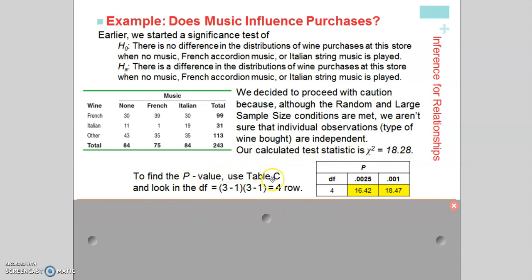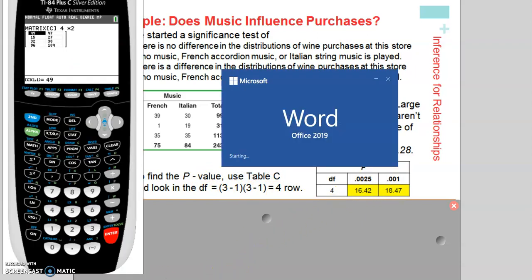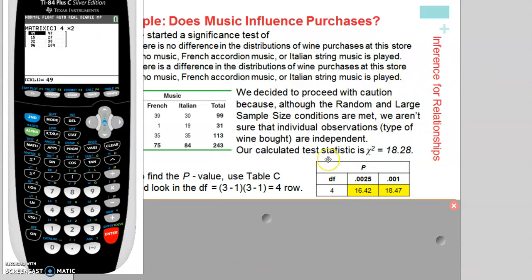If you use table C, you would go to row 4, and you would find that 18.28 is between these 2 values, so our p-value is between these 2 values. Or if you go to your calculator, you would go to distribution, and we would go to a chi-squared CDF, and we want to find the area to the right.